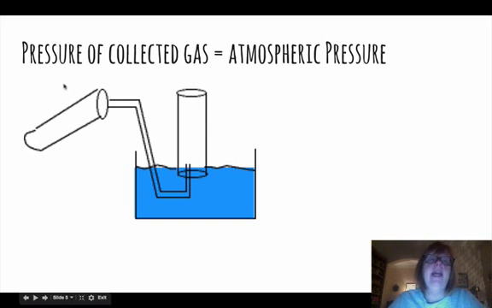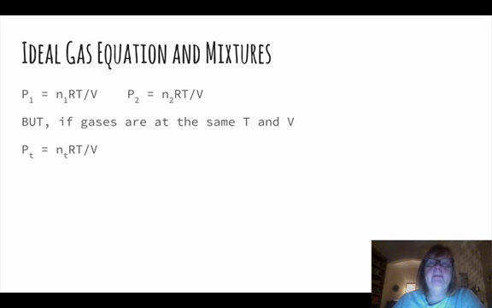Then you can say that the pressure of your collected gas is equal to the atmospheric pressure outside. Whenever you do an experiment like this, before you measure the volume of gas, you are going to want to equalize the level of the water inside your test tube or graduated cylinder with the level of the water bath that you're doing the experiment in. Then you can say that the pressure of our gas is equal to atmospheric pressure.